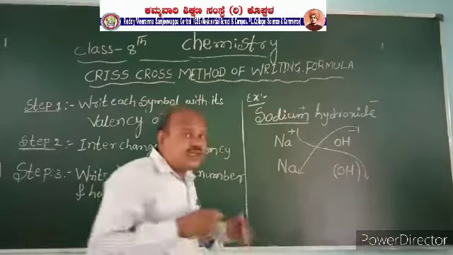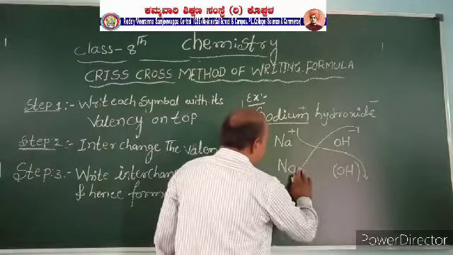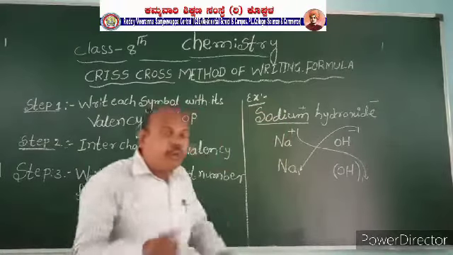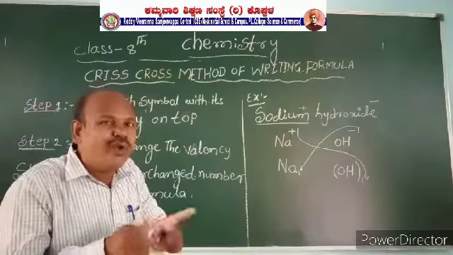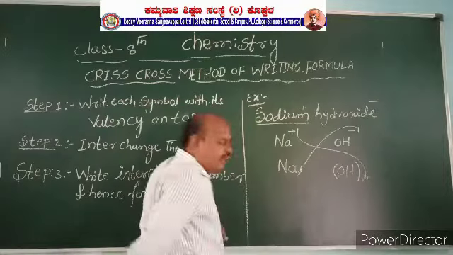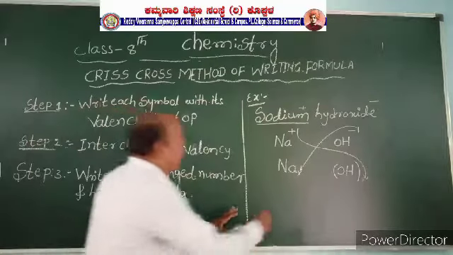Ignore the sign, remove that sign. Here 1, here also 1. Both the valencies are the same, so no need to write the valency. Cancel 1 and 1.